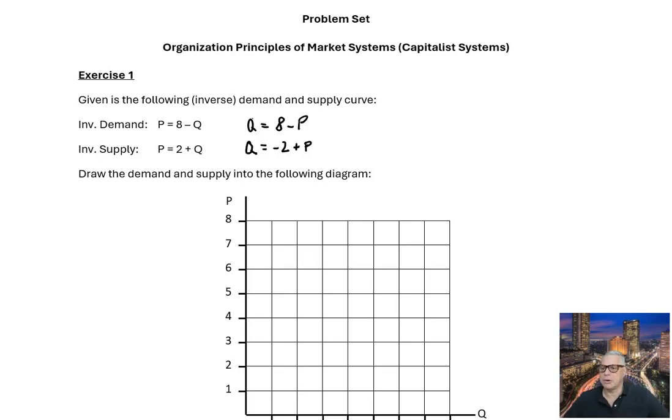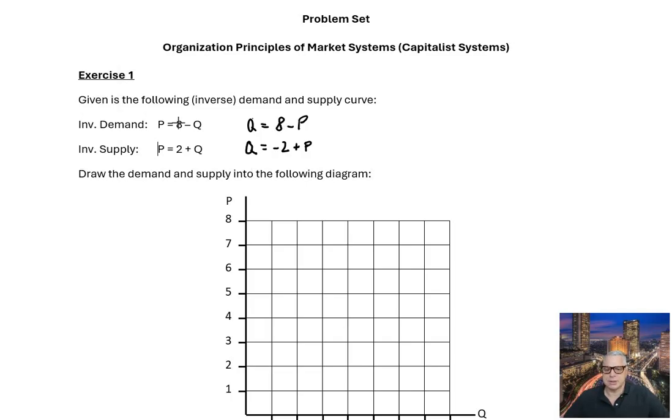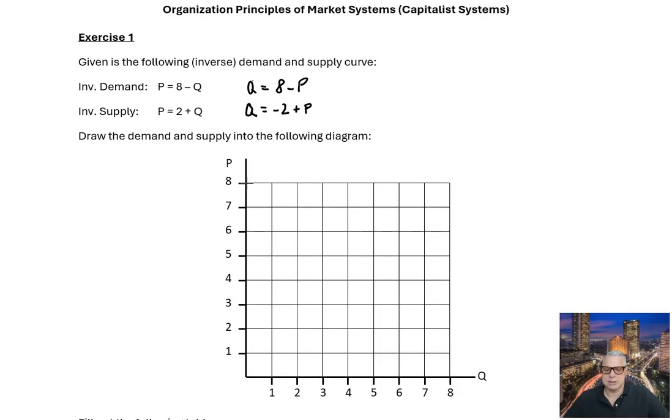And so now if we draw it, insert shapes, so the intercept is 8. Okay, it starts at 8 and it goes down with a slope of -1, so there's technically this invisible 1.